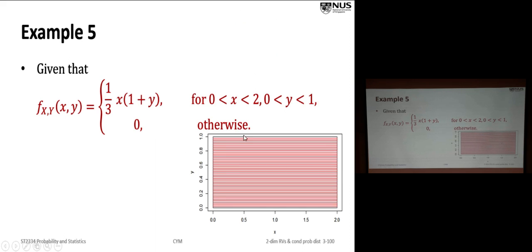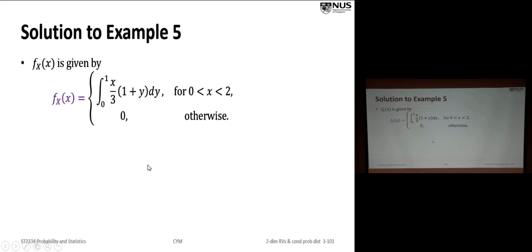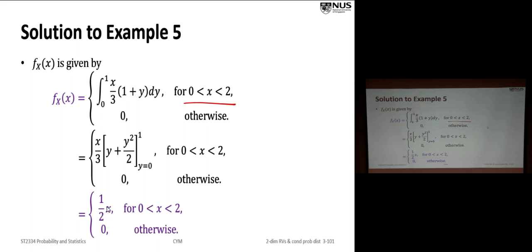I have this rectangular shape, all right? X between 0 and 2, and y between 0 and 1. So are they independent? I have to work out what is f of x and what is f of y. For f of x, so long as x is between 0 and 2, the marginal of x turns out to be x over 2.